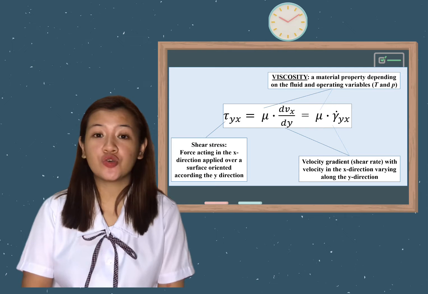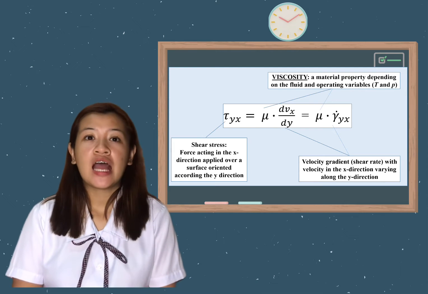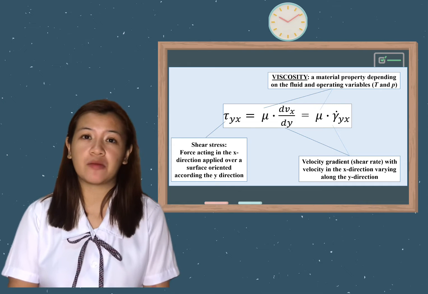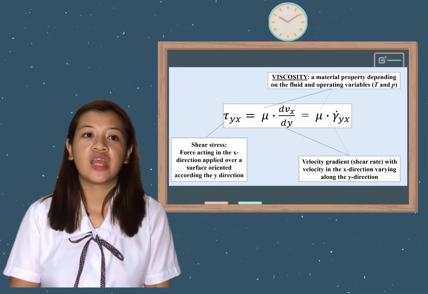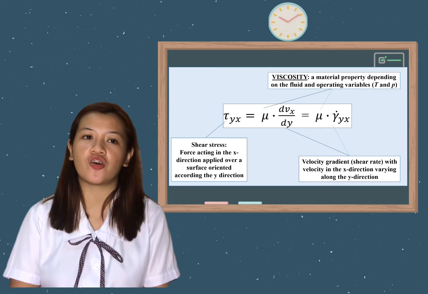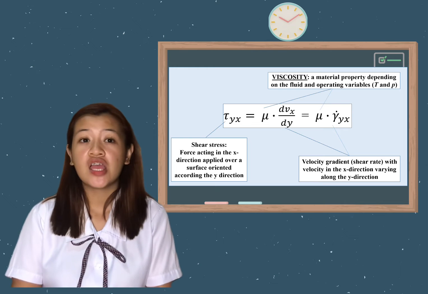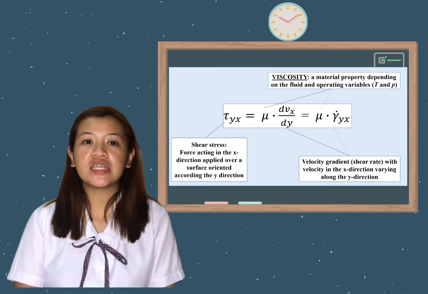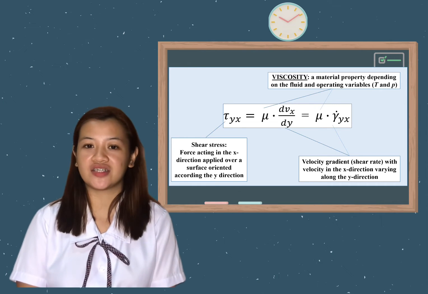So this is Newton's law of viscosity. It is a material property depending on the fluid and operating variables, T and P. Shear stress is the force acting in the x direction applied over a surface oriented according to the y direction. Velocity gradient, or shear rate, is the velocity in the x direction varying along the y direction.